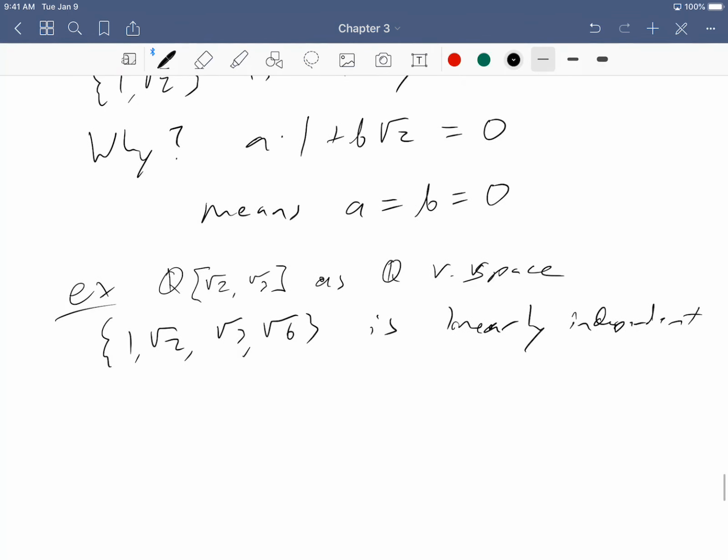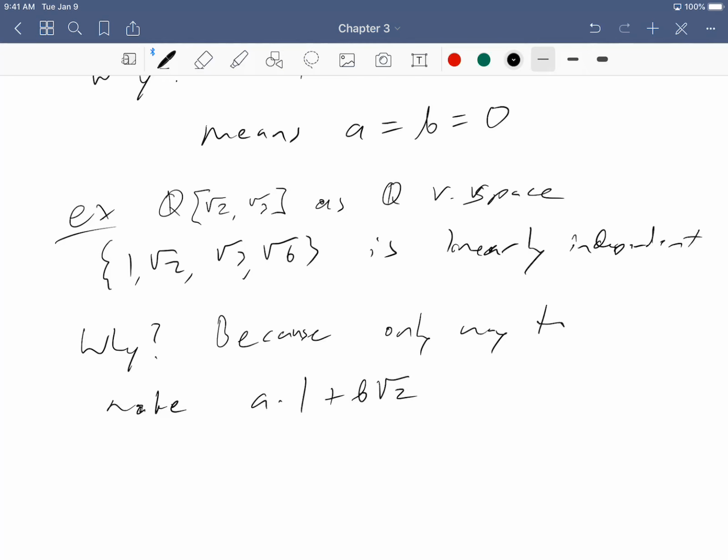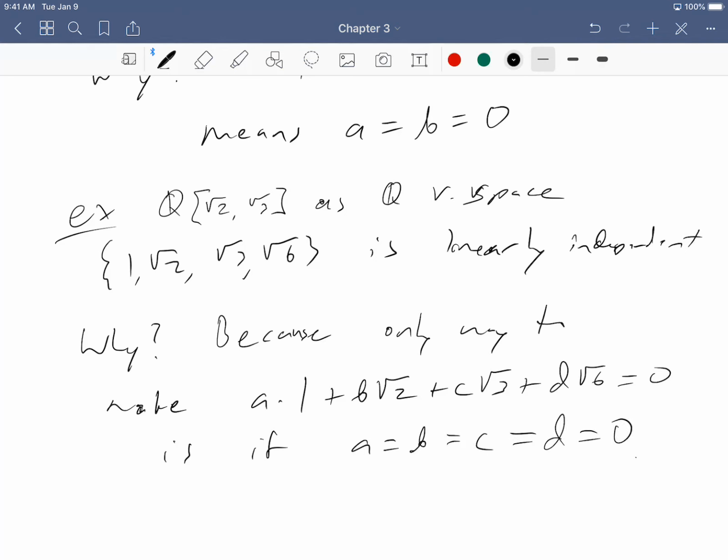Why? Again, this should feel familiar, because the only way to make A times 1 plus B root 2 plus C root 3 plus D root 6 equal to 0 is if A equals B equals C equals D equals 0. And so we've already laid the groundwork to show that these sets are linearly independent.